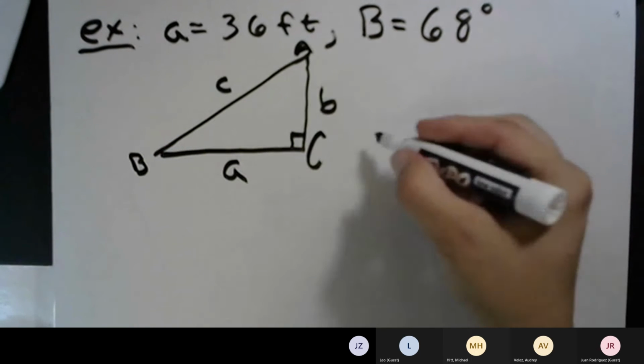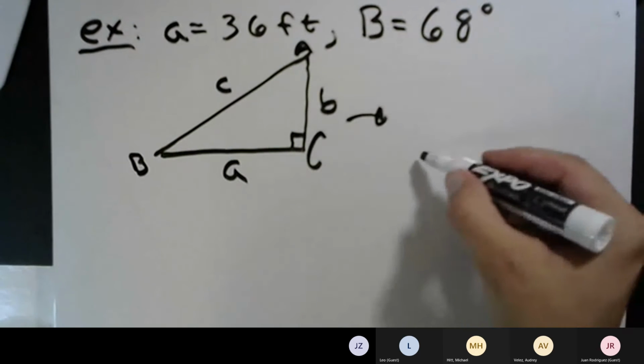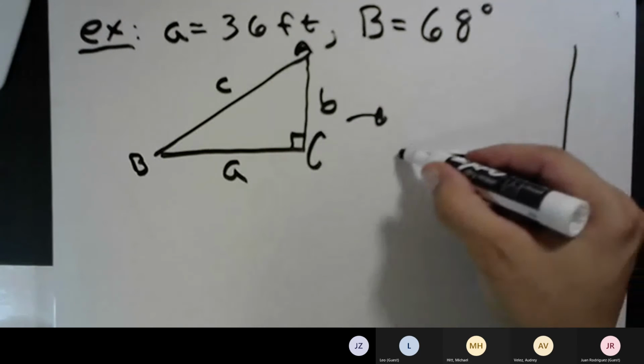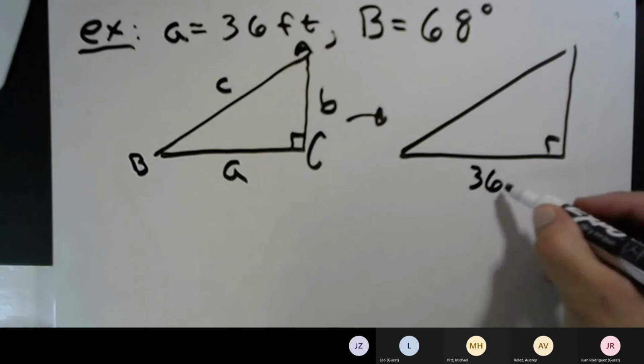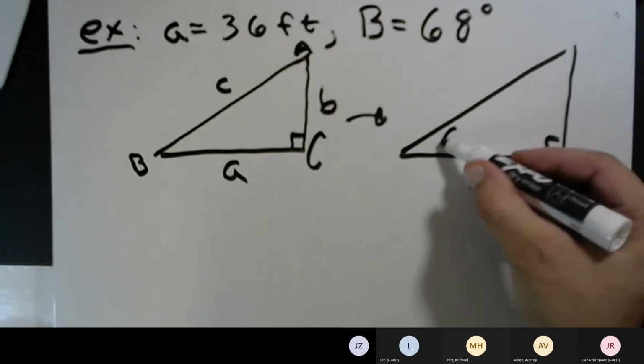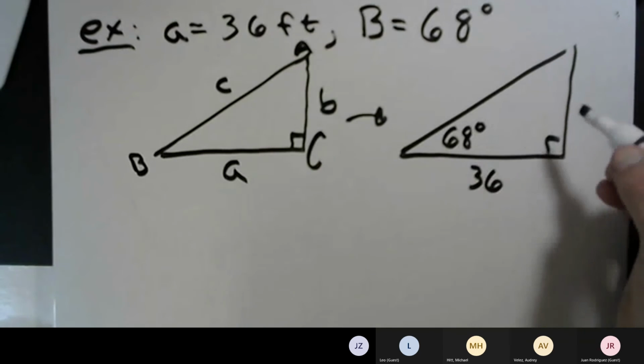And so we know what a is going to be. It's going to be 36. We know B is 68 degrees.